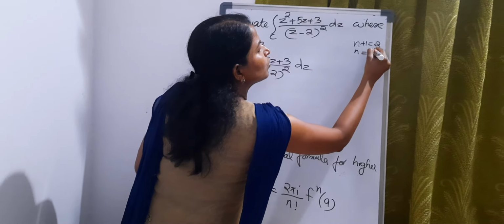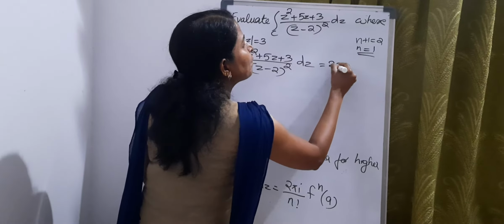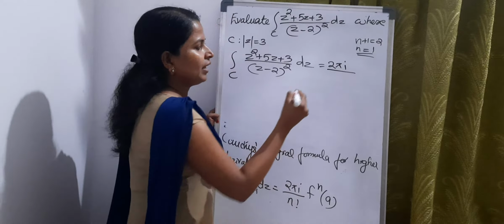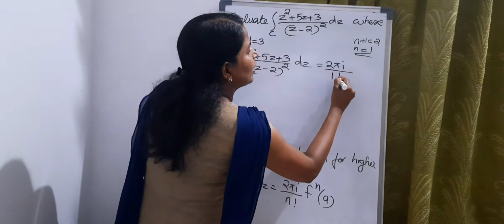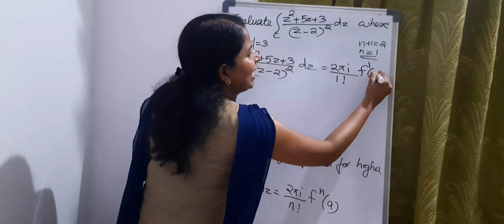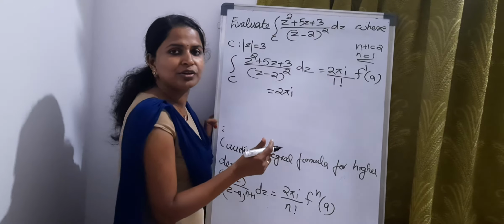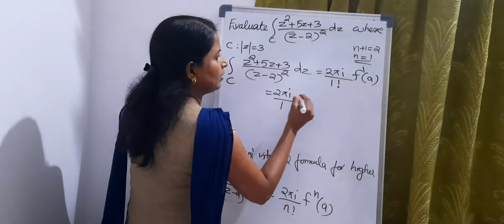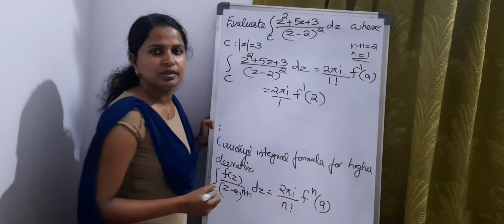That is n equal to 1. So it equals 2 pi i by n factorial, here 1 factorial, into f dash of a, where a is the inside point 2. So 2 pi i by 1 factorial into f dash of 2.